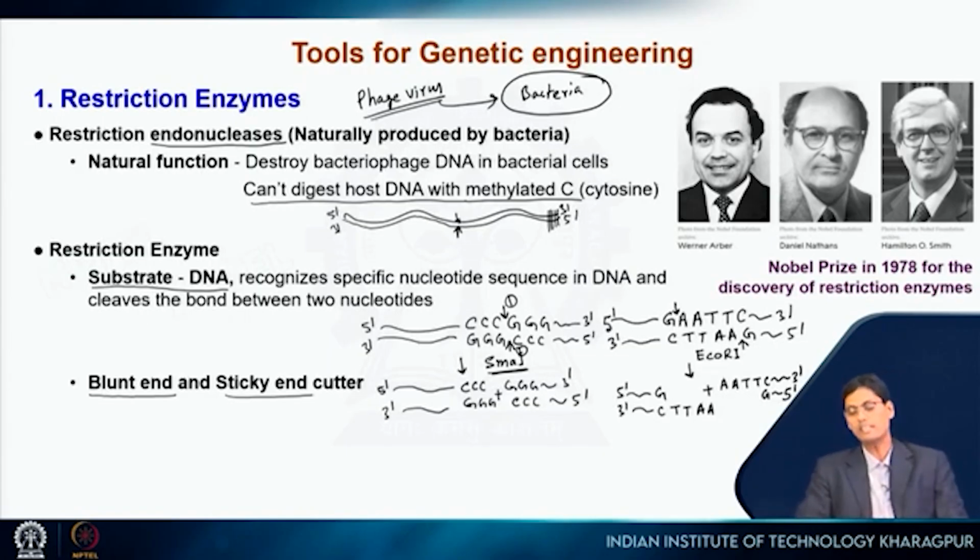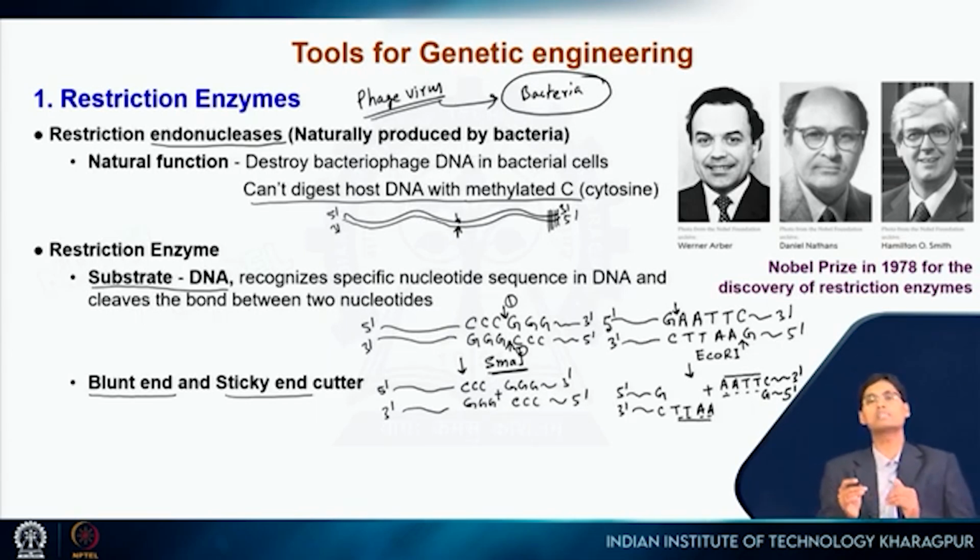So here you can see that this end is why we say sticky end, because this end can be joined together since they have complementary overhanging sequences, right? As a result, you can see this A, T, T can again form base pairing with this T, T, A. So they are complementary to each other.